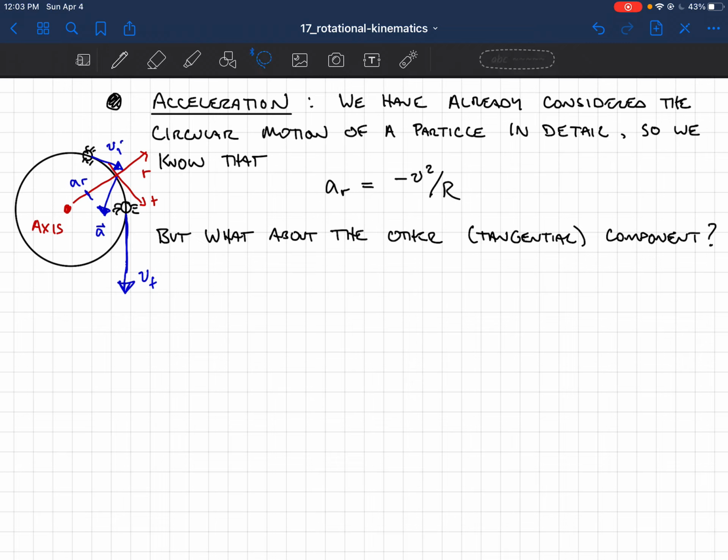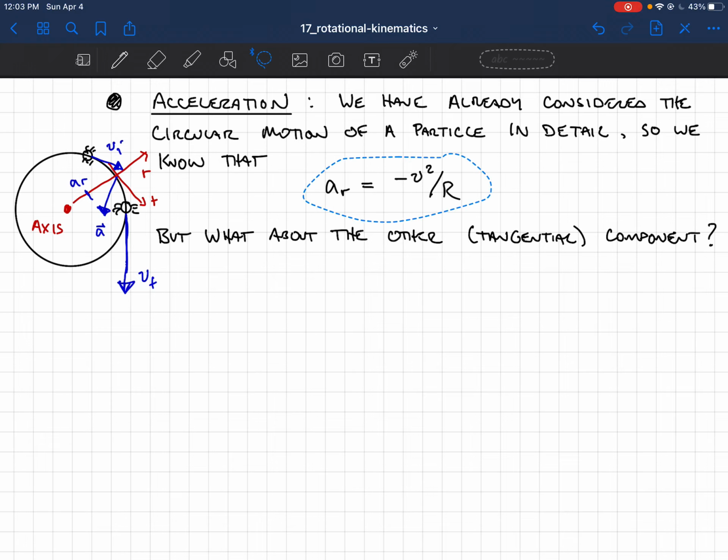So we already know what one of the components of the translational acceleration is for an object that moves on a circle, which in this case is an object sitting on a rotating object.